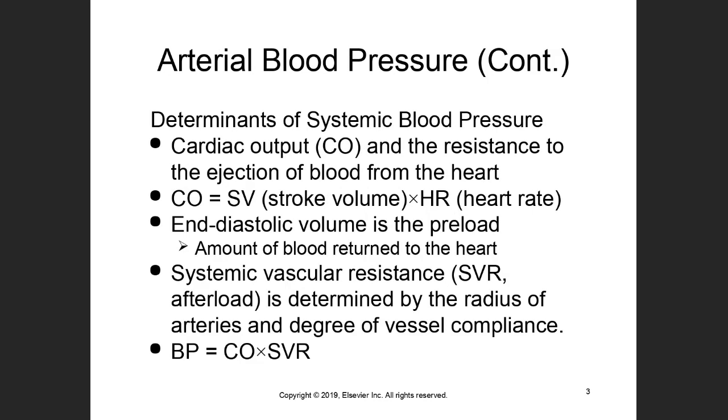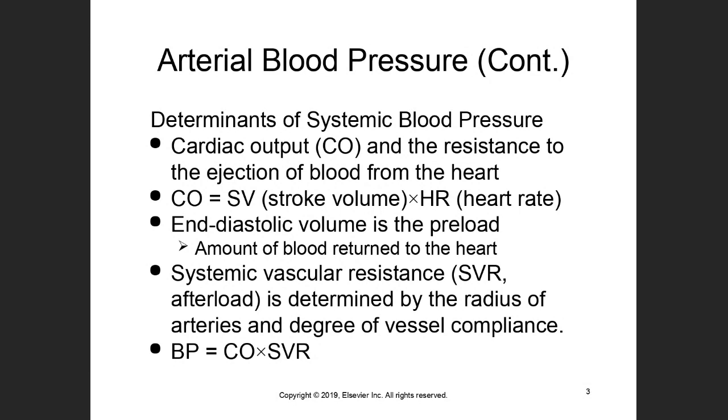Determination of systemic blood pressure, we have the cardiac output. Right there you have the formula of the cardiac output. It's the stroke volume. A stroke volume is the amount of blood that the heart pumps in one beat. Okay, so cardiac output is the stroke volume times heart rate, because cardiac output is the amount of blood that the heart pumps in 1 minute.